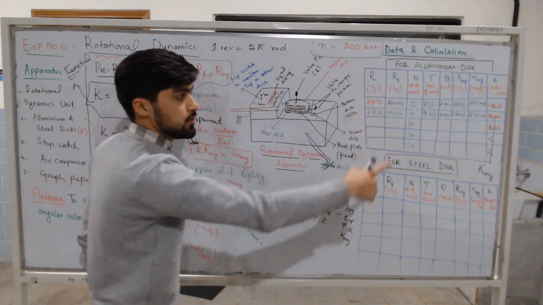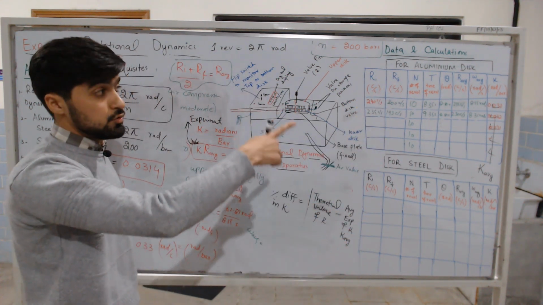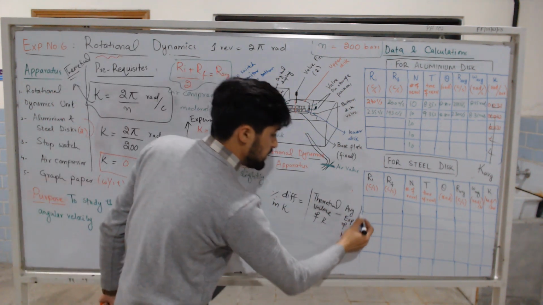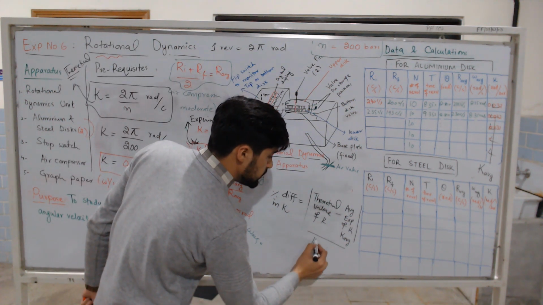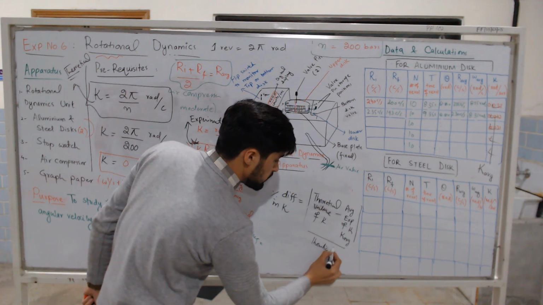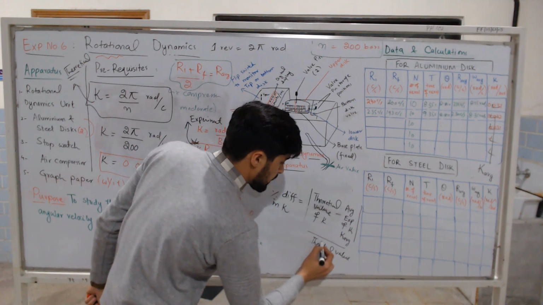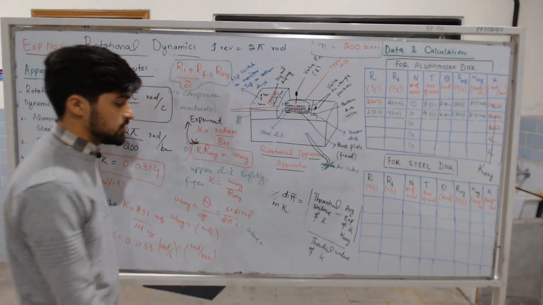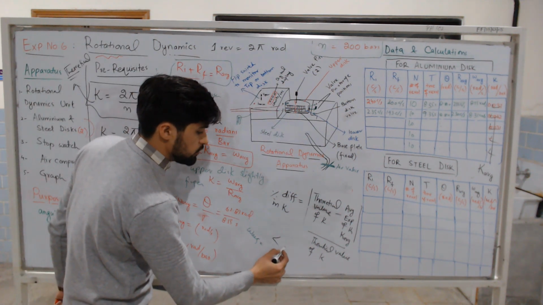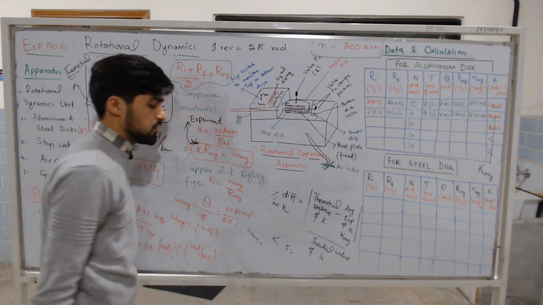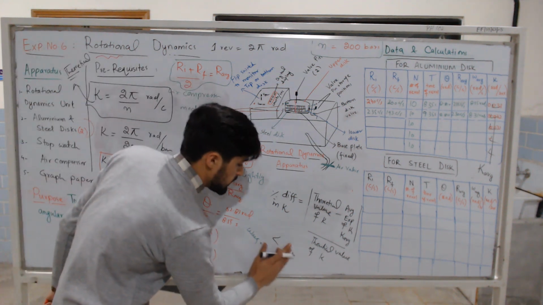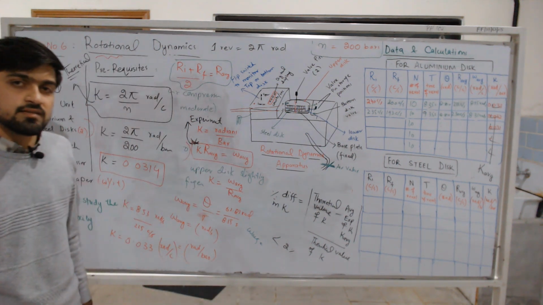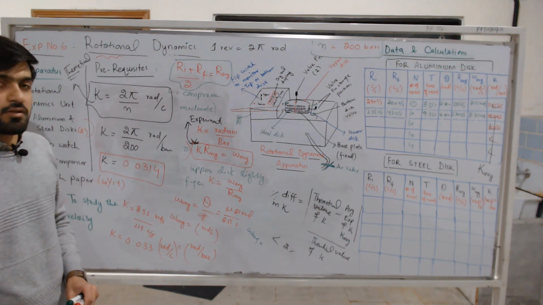You will sum all the values of K and divide by the number of values, and then divide it by the theoretical value of K. So you will get the percentage difference, and it should be less than 5% at least. For this experiment, if it is less than 2%, it would be better.